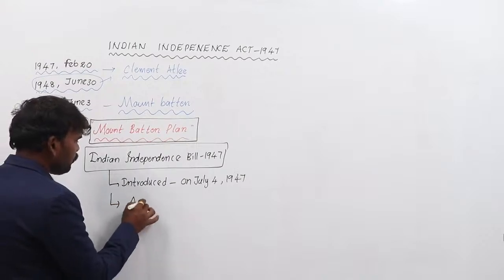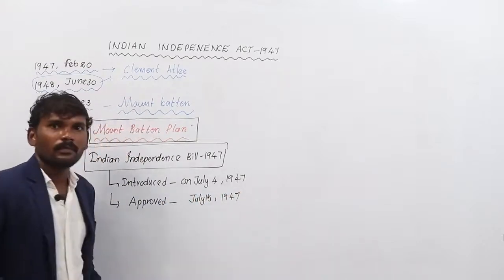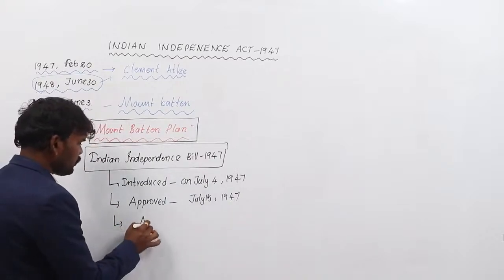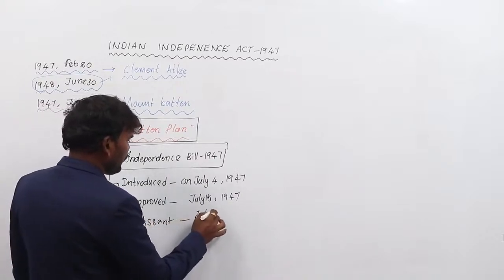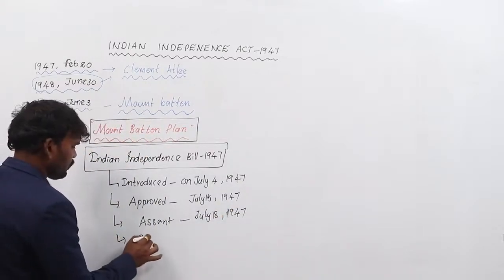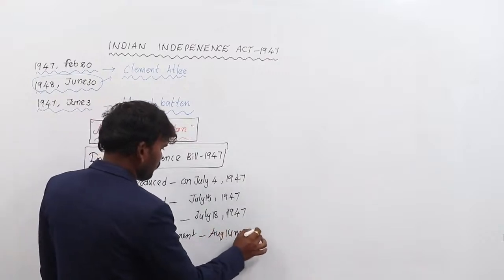And it was approved by the British Parliament on July 15th, 1947. Then the King of Britain, King George VI, gave his assent to the bill on July 18th, 1947. And finally it came into force from the midnight of August 14th, 1947.